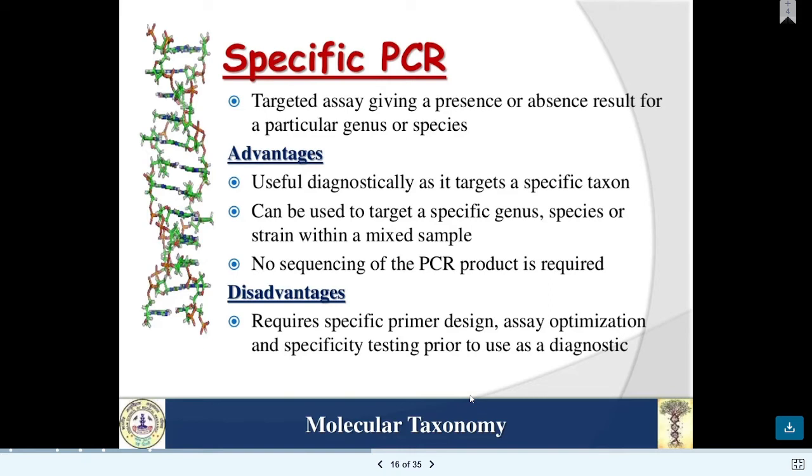There are advantages. It is useful diagnostically, as it targets the specific taxon; it can be used to target a specific genus, species or strain within a mixed sample. No sequencing of the PCR product is required, only the PCR.